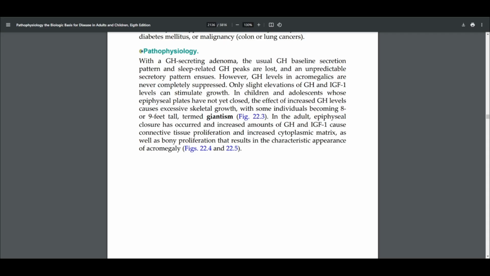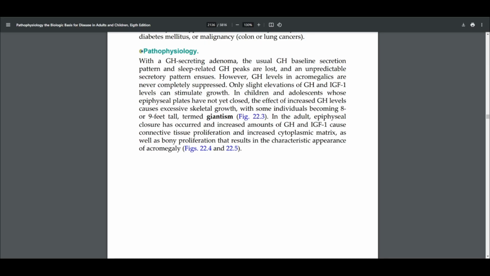In children and adolescents, whose epiphyseal plates have not yet closed, the effect of increased growth hormone levels causes excessive skeletal growth, which is why you have that growth spurt, with some individuals becoming 8 or 9 feet tall, termed gigantism.